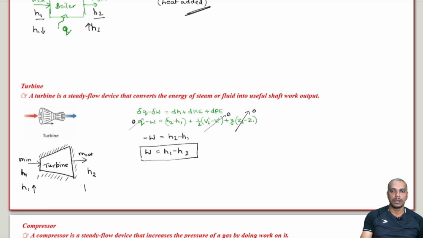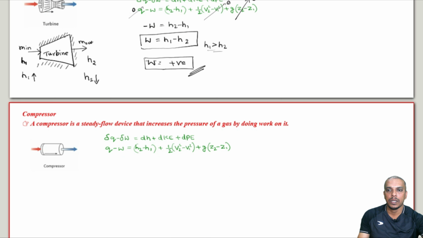So, H1 will be higher, H2 will be lesser. Since H1 is greater than H2 here, you can conclude that the work transfer which we are going to get will be positive. And we know work transfer will be positive for a turbine because it is a work producing device. Because H1 is greater than H2, we can say W is positive in a turbine.